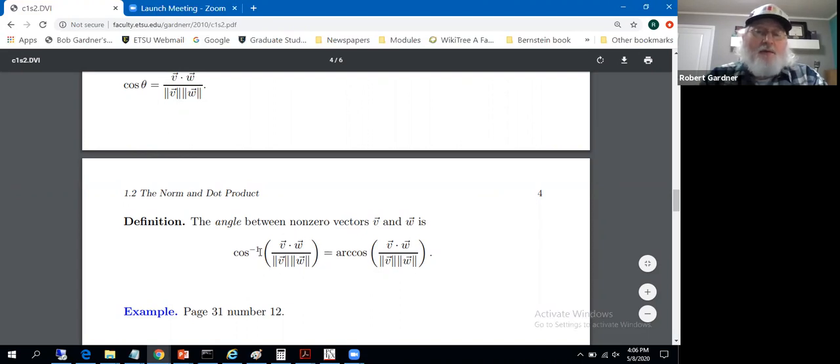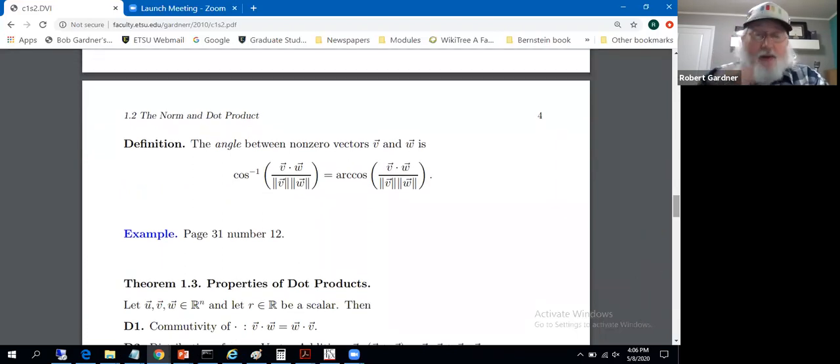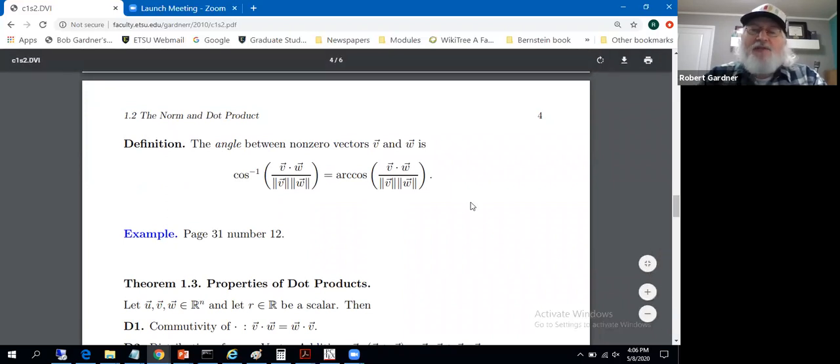If you don't like that little inverse cosine notation, then use the arc cosine notation. So there is, by definition, the angle between two vectors, and it's totally motivated by the picture. And that's the reason we did dot products. Dot products let us talk about angles between vectors.